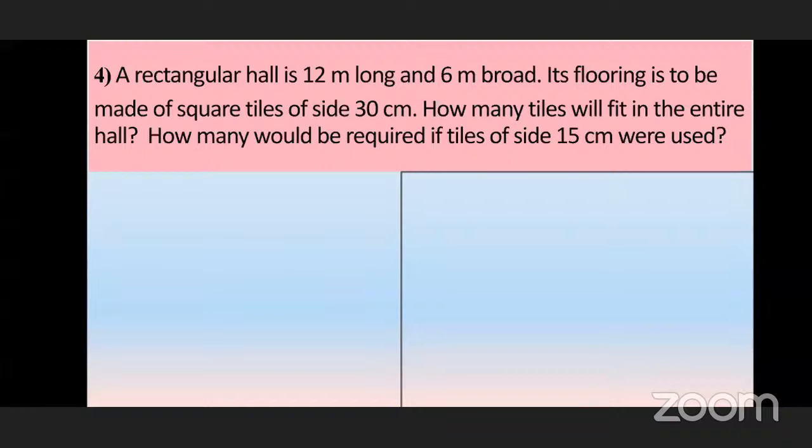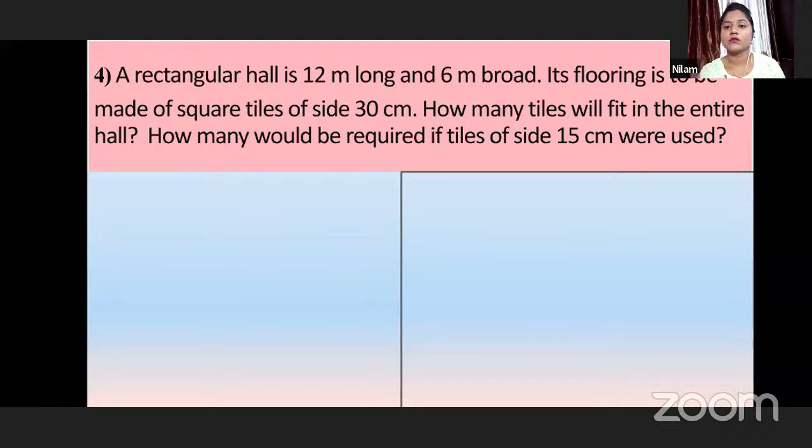First we have to find out the area of the rectangular hall in which we have to do the flooring, and which tiles we are going to use, the area of those tiles also we are supposed to find out. So the question is, how many tiles will fit in the entire hall?